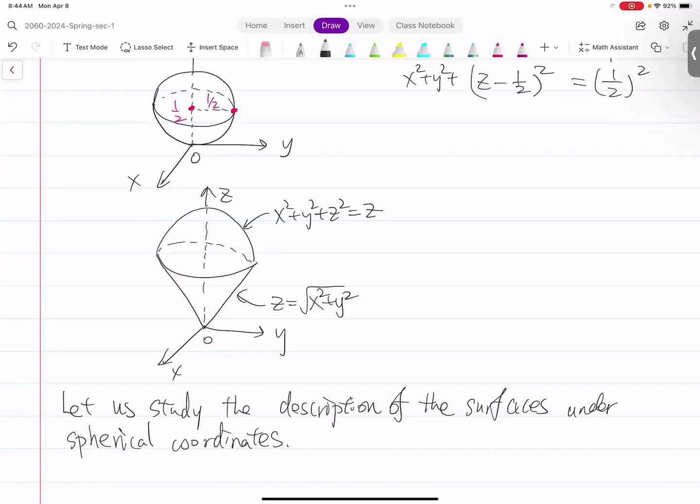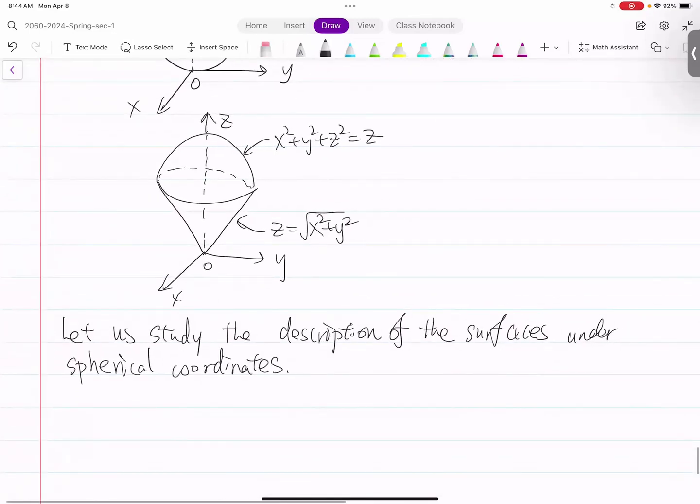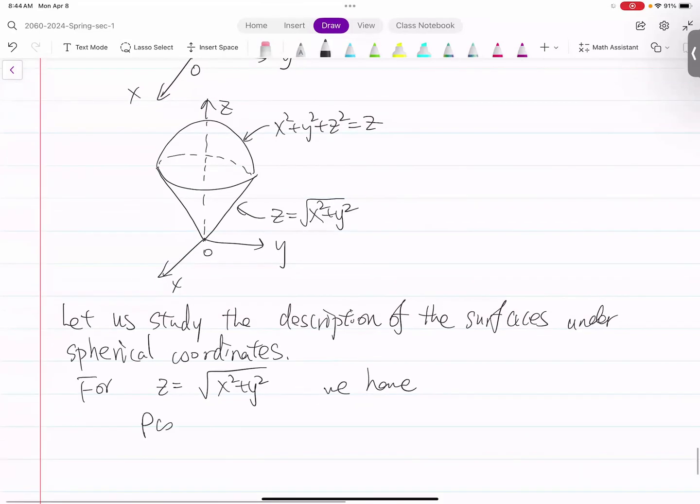So here, instead of the geometric sense, let's just use the algebraic way. We know the translation of x, y, z in terms of rho, phi, and theta. So we just do the substitution. For the surface z equals the square root of x squared plus y squared, we have, if you recall, z is rho cosine phi.